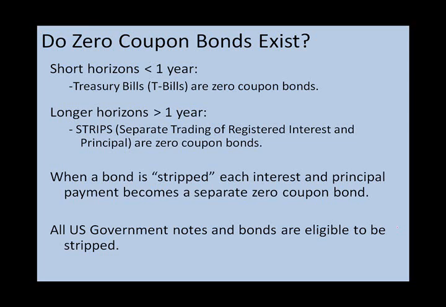So we strip the bond into lots of small zero coupon bonds. Each interest payment is a separate zero coupon bond. All government bonds in the US are eligible to be stripped, so we do have zero coupon bonds at lots of different maturities, which we can use to price coupon bonds.